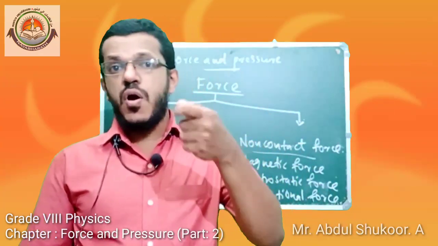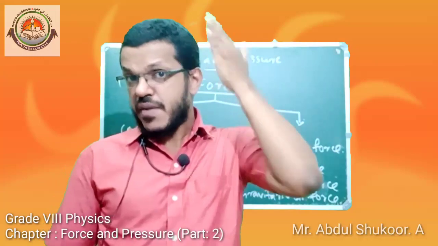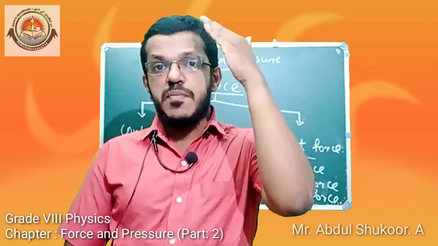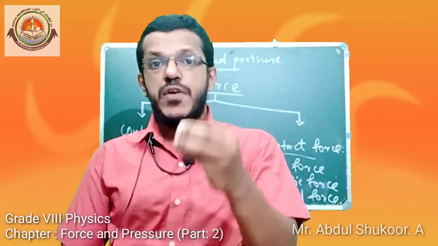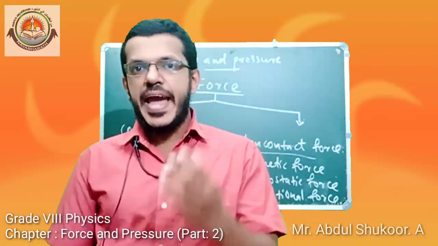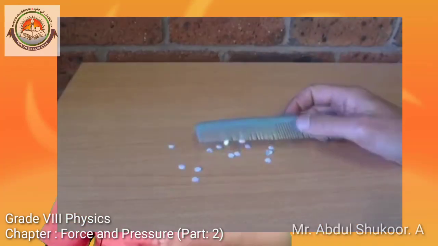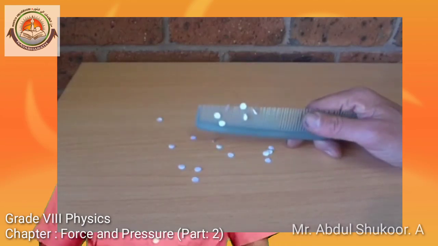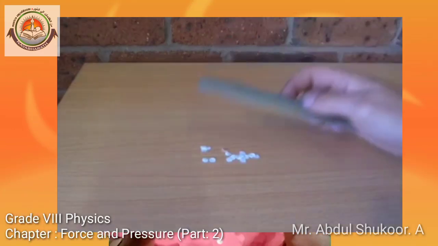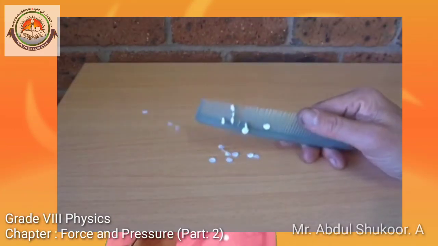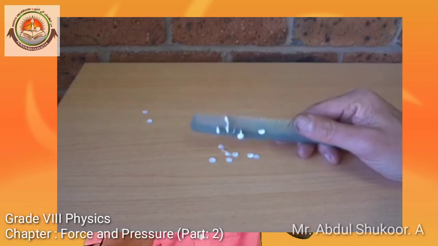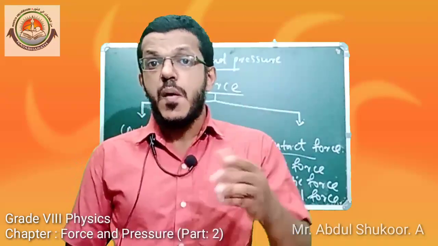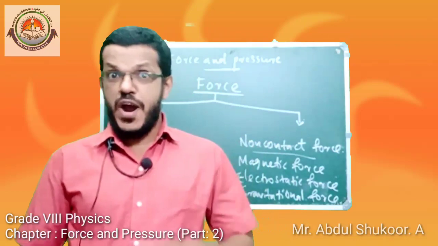When you rub a plastic comb with your dry hair several times and again place this plastic comb near the heap of small pieces of paper, you can observe that these small pieces of paper are attracted to the plastic comb without any physical contact. What may be the reason?